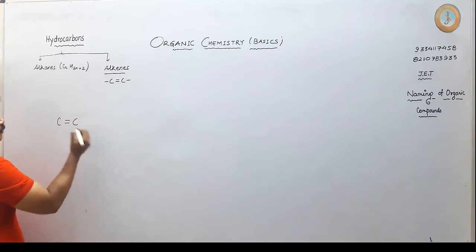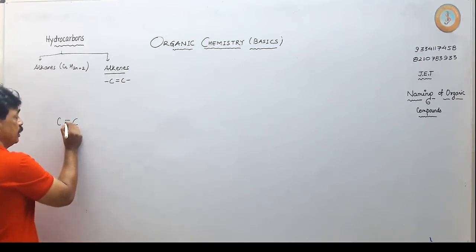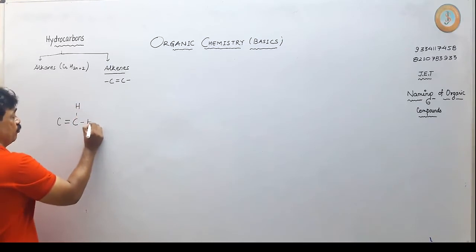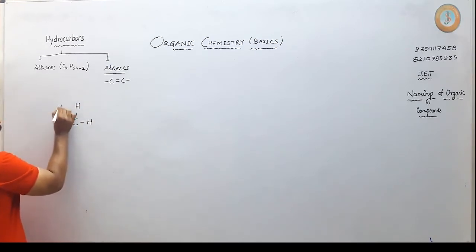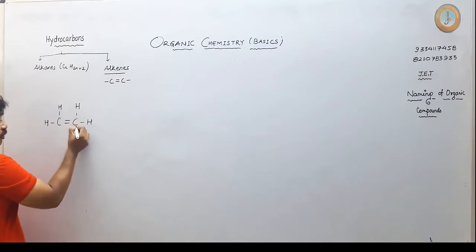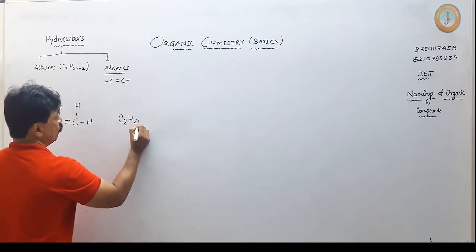Now the basic principle will remain the same. Every carbon atom will have 1, 2, 3 and 4 sticks. Now count again, 1, 2, 3, 4 for this carbon, 1, 2, 3, 4 for this carbon. So this will be C2H4.